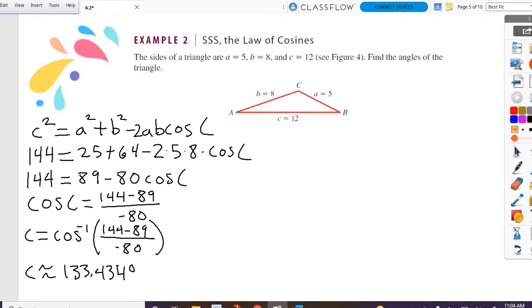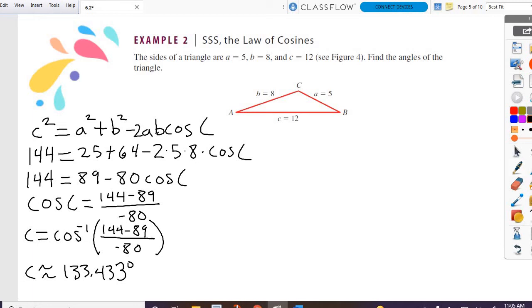So that last digit should be 433. Okay. Because I did do the math earlier. I went ahead and divided 55 by negative 80, but it gave me a finite decimal. It wasn't a long decimal, so it shouldn't have been a rounding error.